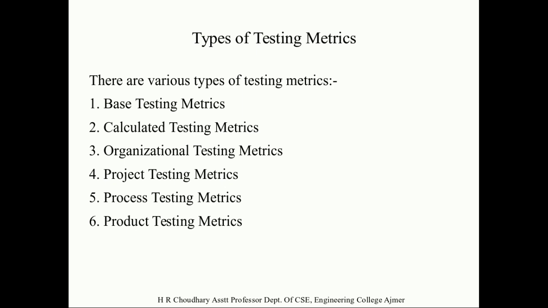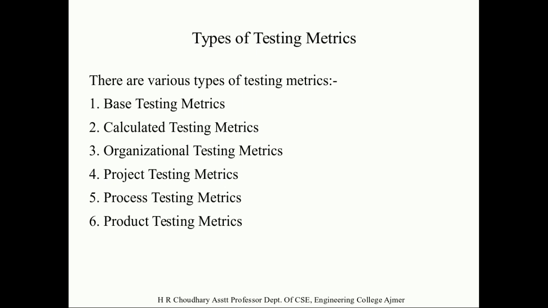The product metrics can be categorized into two parts. One is static metrics, and the other is dynamic metrics. Static metrics are those computed without having to execute the product, for example, the number of testable entities in an application. Dynamic metrics require code execution.